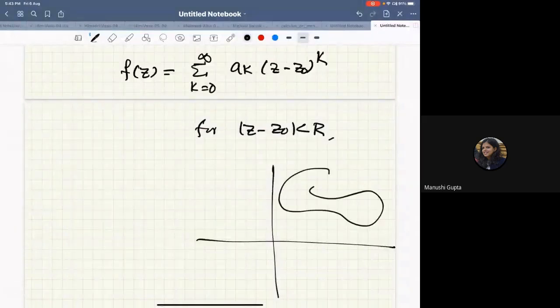suppose you have a domain like this, and Z0 is here.